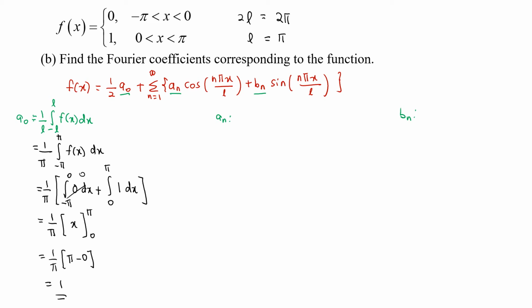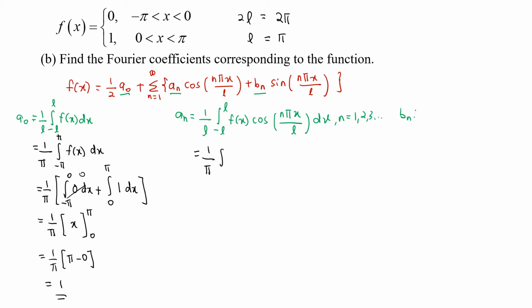Now we proceed with an. So an is equal to 1 over L, the integration from negative L to L of f(x) cos(n pi x over L) dx, where n is equal to 1, 2, 3, and so on. Now we substitute all the values, where L is equal to pi.